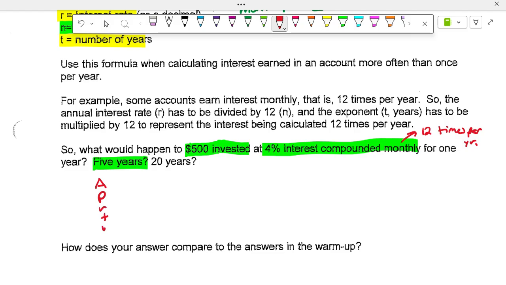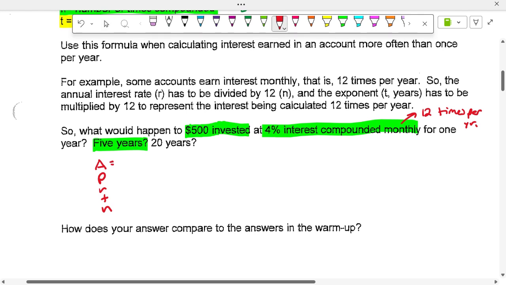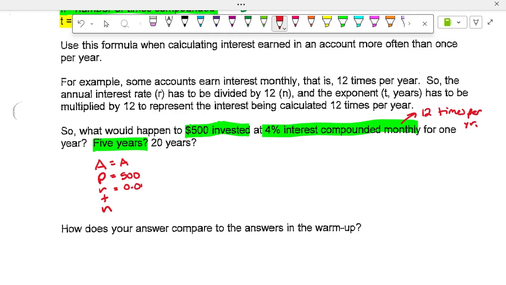It's essentially all the same variables except you're adding on an n. So A is still A. What's my P? So what am I starting with? 500. What's my rate? 0.04. How many years do I want to go by? 5. And how many times am I compounding that interest a year? 12 times a year.